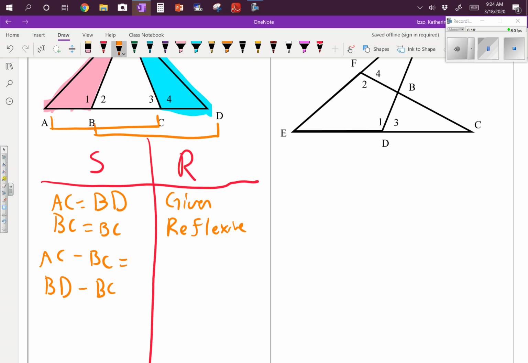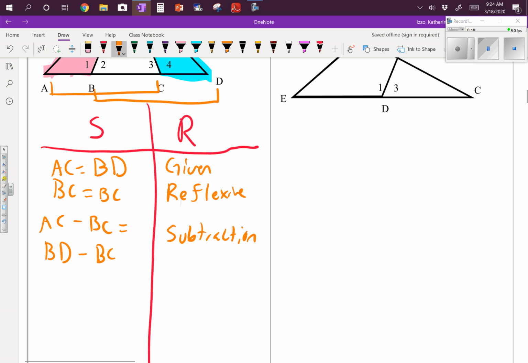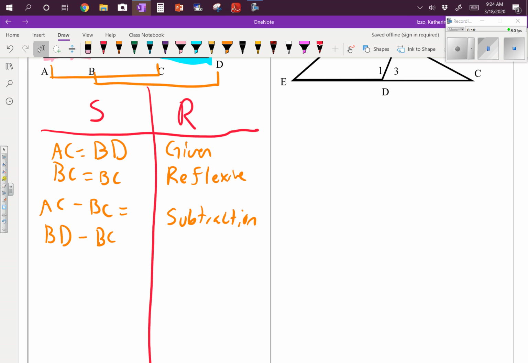Yeah, we can't call it addition anymore. We're going to have to call it subtraction. Yeah, it does make sense, doesn't it? So if I take AC and I subtract BC, that gives me AB. And if I take BD and I subtract BC, that gives me CD. And that's called side subtraction.